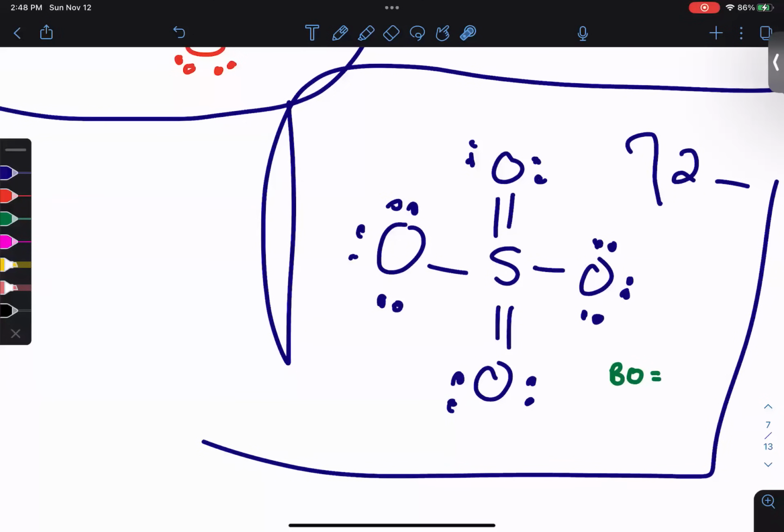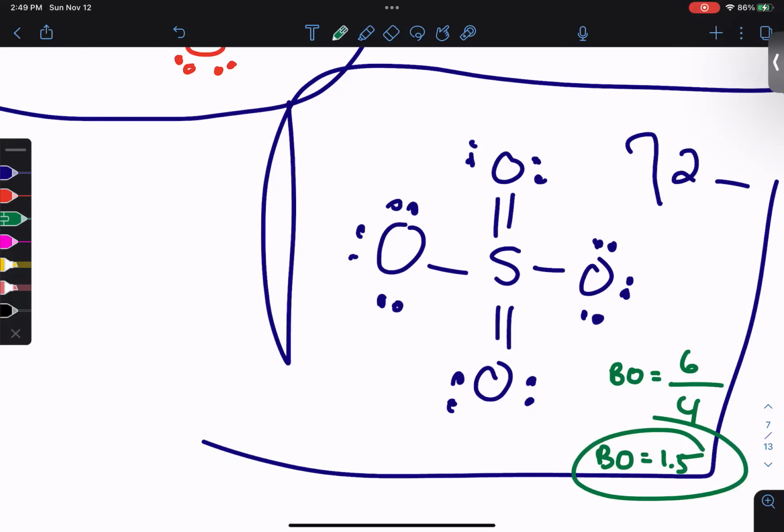I like to think how many bonds are swapping places over the number of positions that there are. So there's 1, 2, 3, 4, 5, 6 different bonds swapping over how many positions? 4. So the bond order for SO in this example is 1.5.